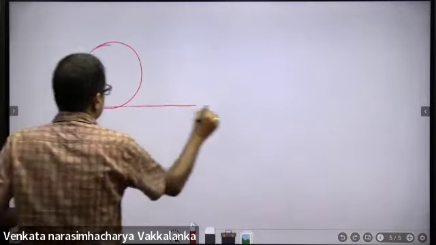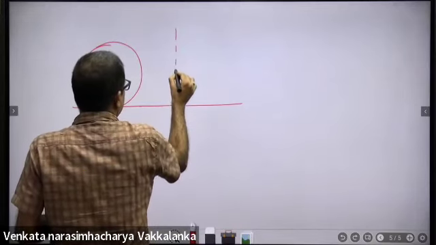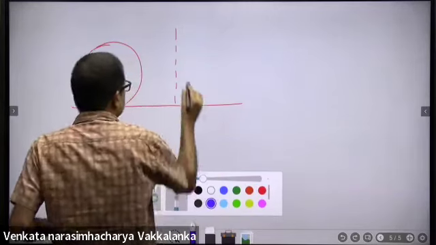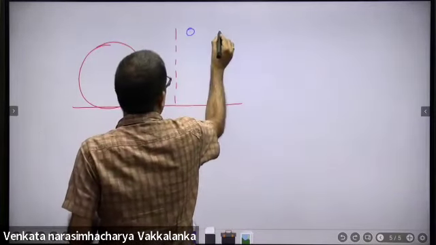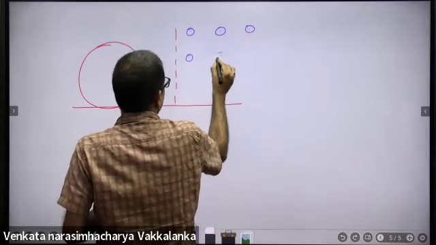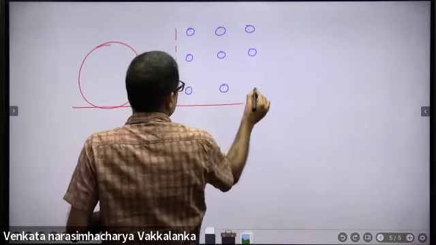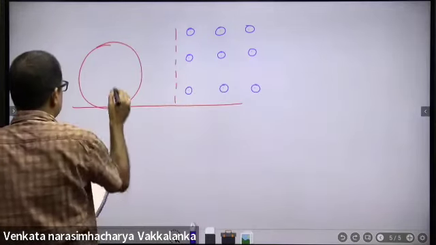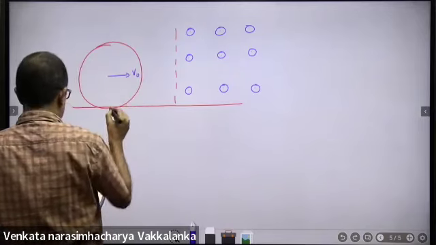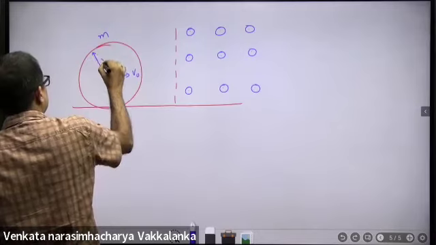This is a ring. It is entering into a region with magnetic field. This is a ring moving with a velocity V0. M is the mass of the ring, R is the radius of the ring.